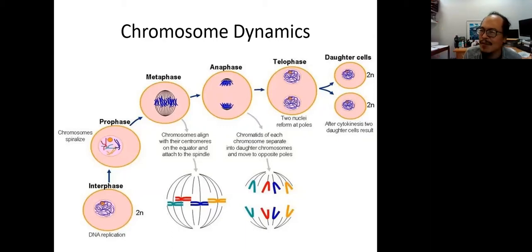Remember, we talked about that we are interested in how to count our chromosomes, right? If the chromosomes are spread like this, it will be very difficult for us to count.